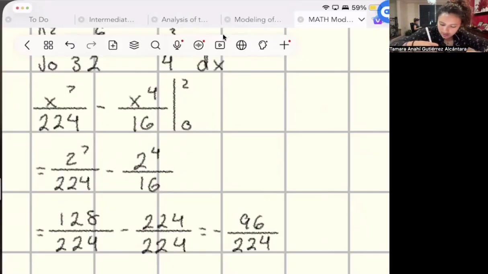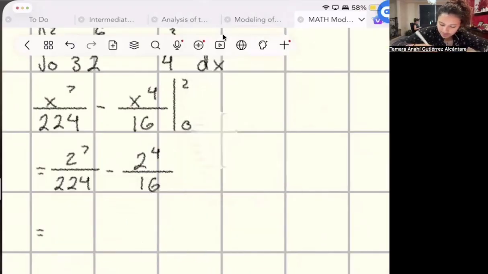Yes, I did it wrong. Anyway, the result is minus 3/7.